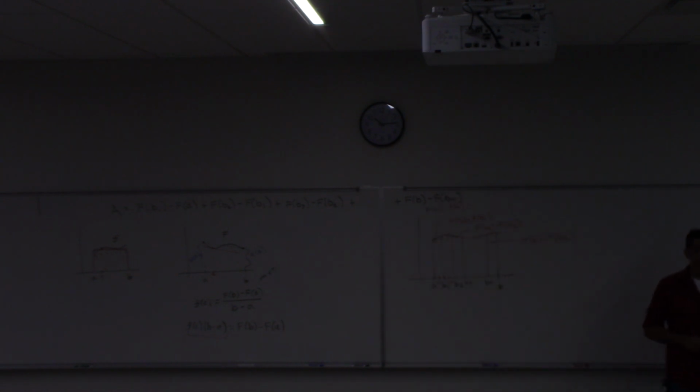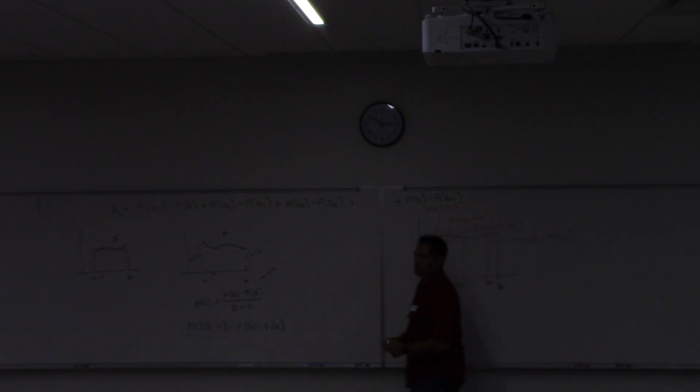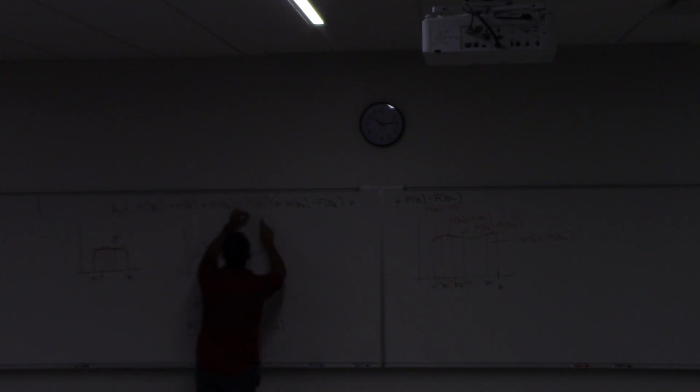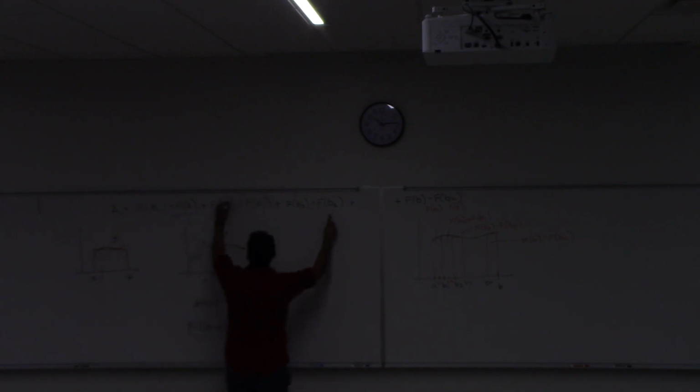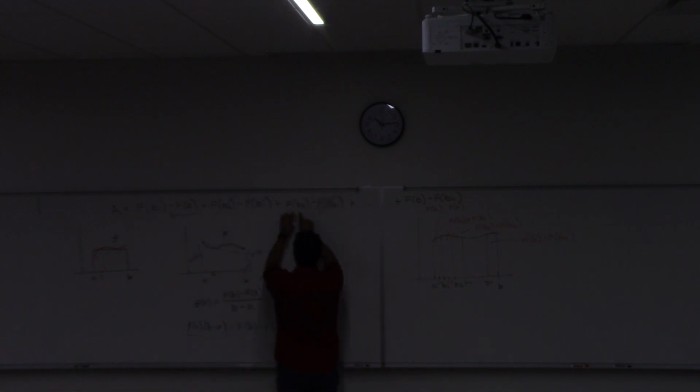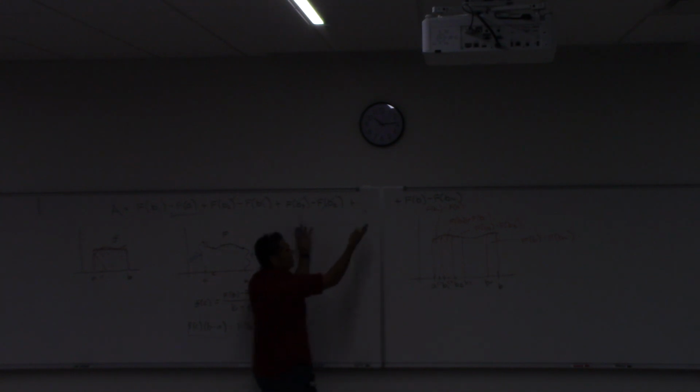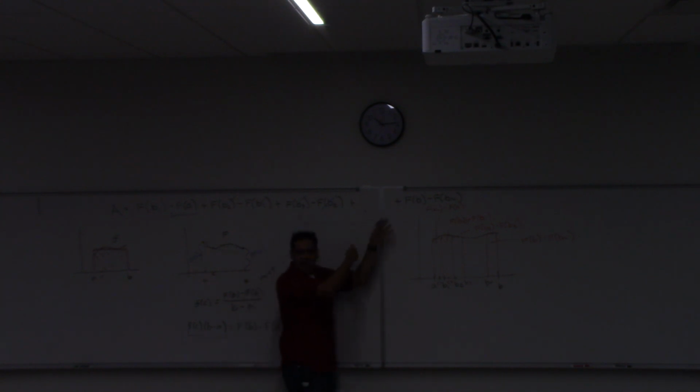Do y'all see what happens? What happens? A bunch of stuff cancels, right? What cancels? This cancels with this, right? This stays, right? That cancels with that, right? Does this stay? No, this one's going to cancel with what? Something in here, right? And isn't everything in the middle going to kind of just all cancel out?